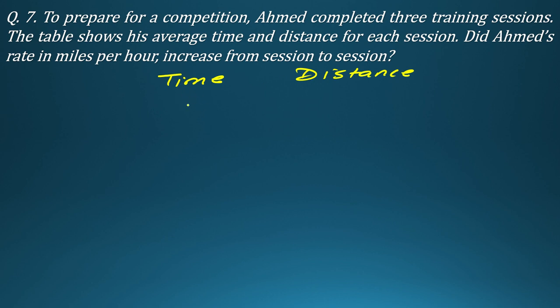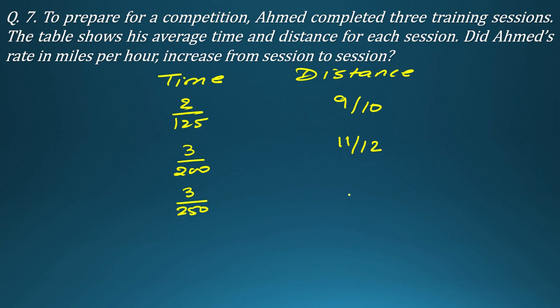Time is 2 over 125 and distance is 9 over 10. Then time is 3 over 200 and distance is 11 over 12, and then time is 3 over 250 and distance is 17 over 20. Okay, these are the 3 sessions he did.